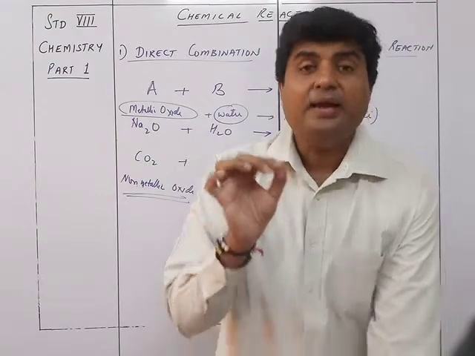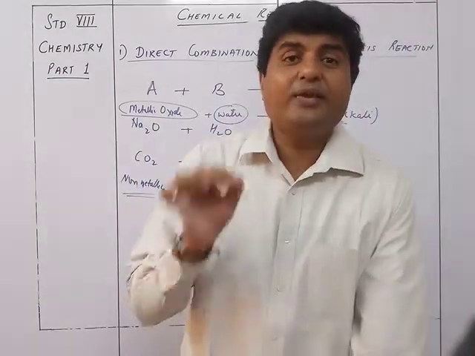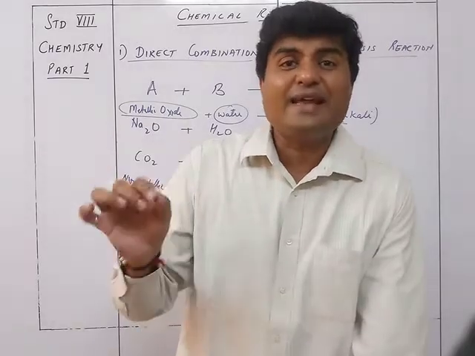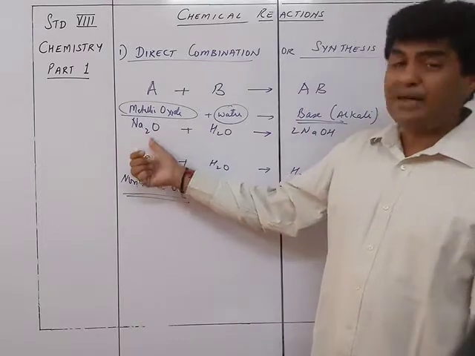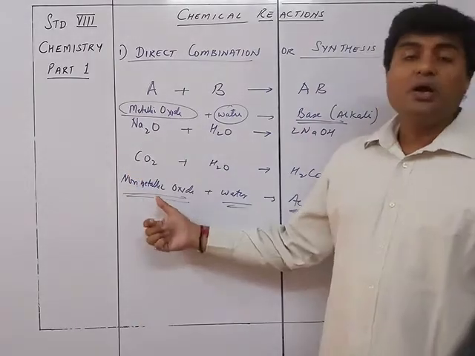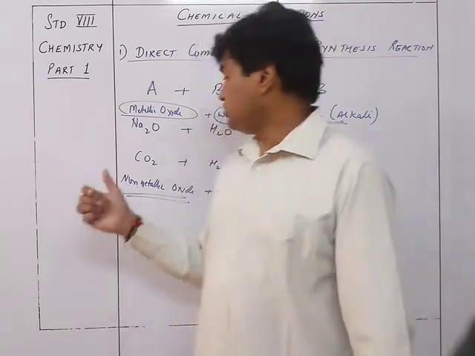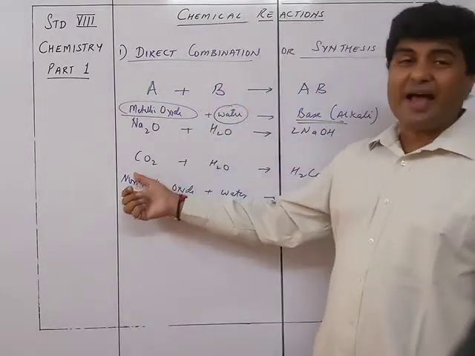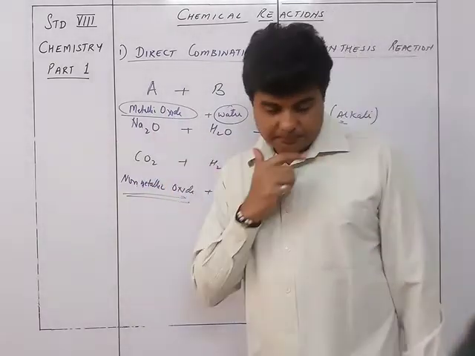And that's why the metallic oxides are called basic oxides and the non-metallic oxides are called acidic oxides. Because this reacts with water to form acid, this is an acidic oxide. This reacts with water to form a base, so it's a basic oxide.